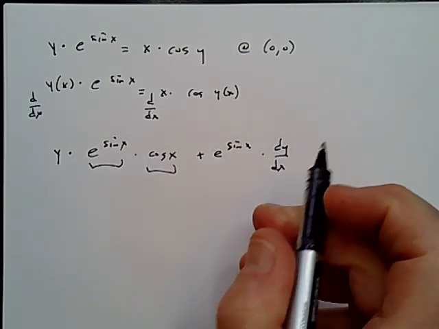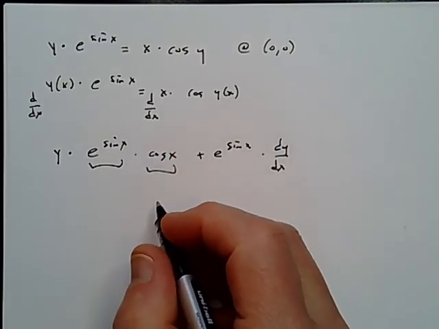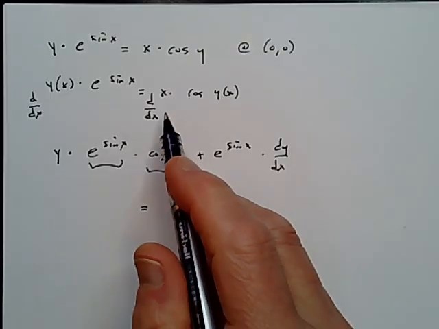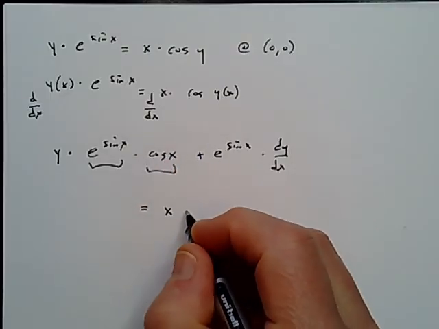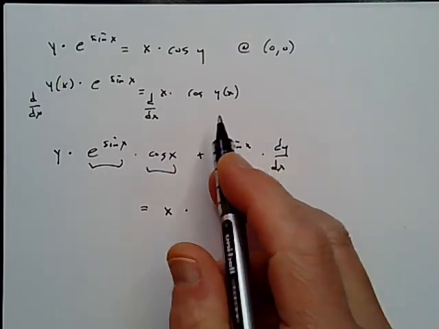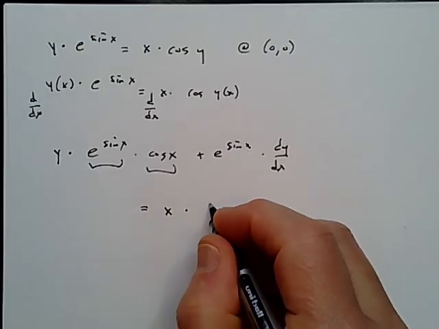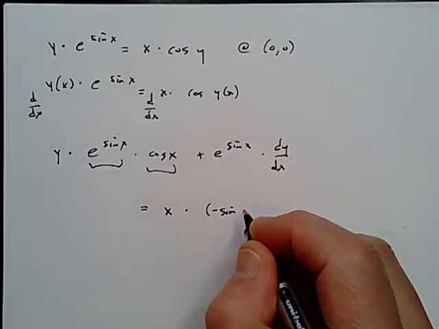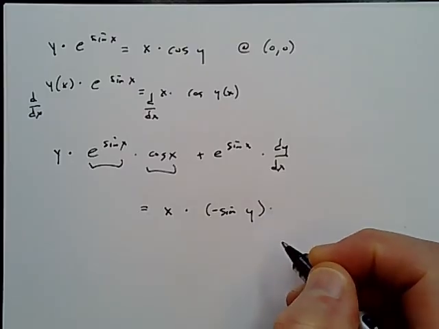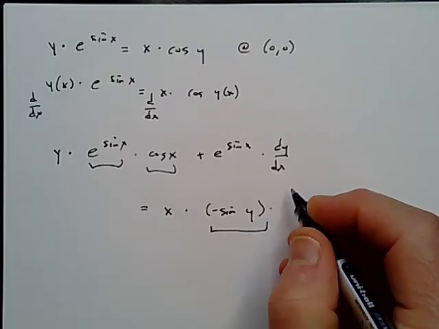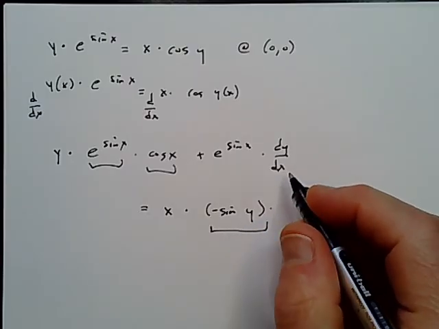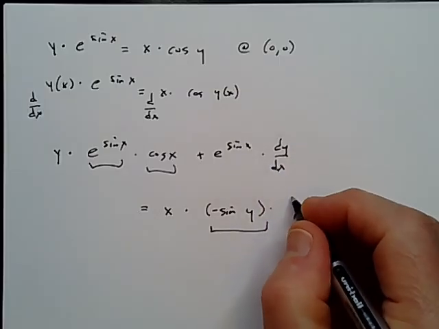The right-hand side is another product rule, so I'm going to write it on a fresh line here. And I'm looking at write down the first, take the derivative of the second. Cosine of y of x, so derivative of cosine is minus sine, and the derivative of y of x is just dy dx.